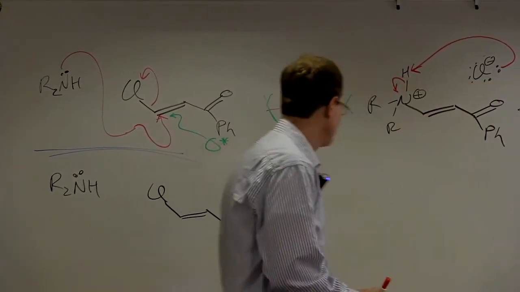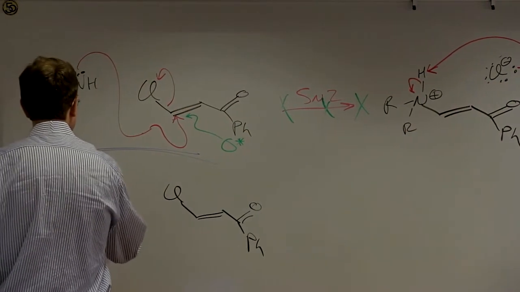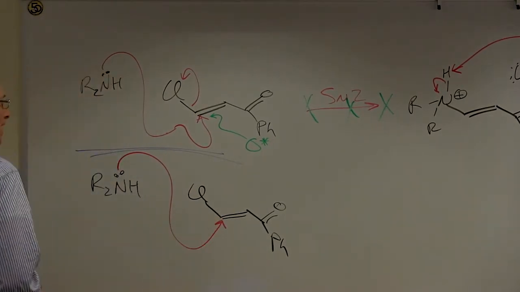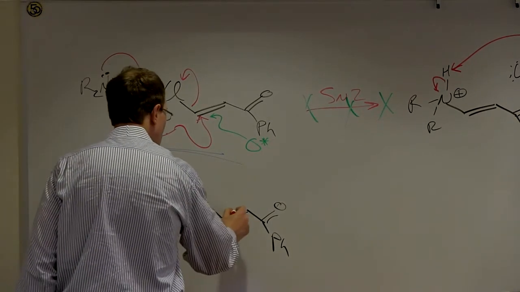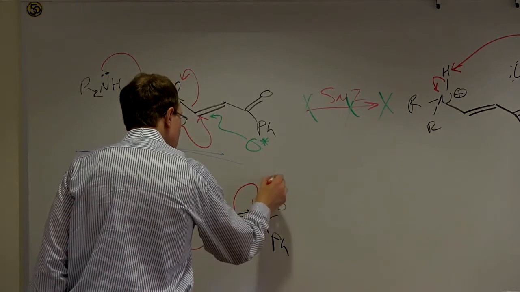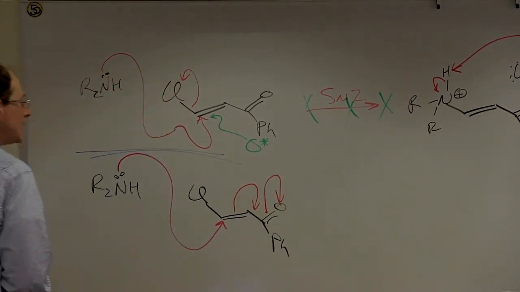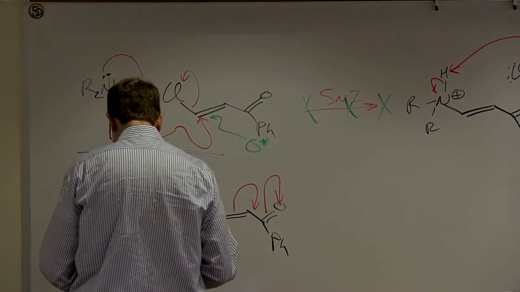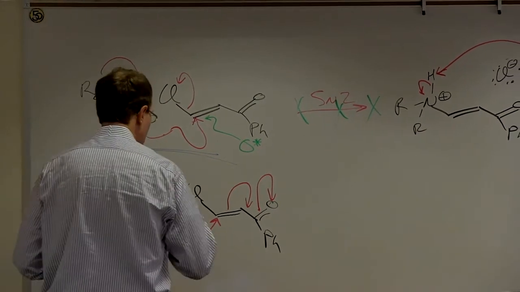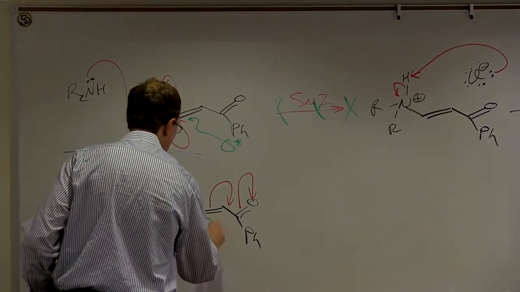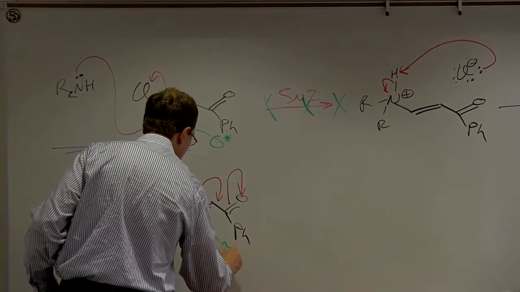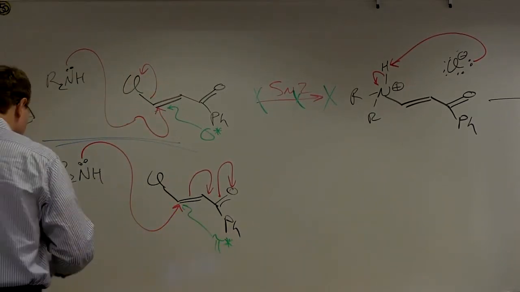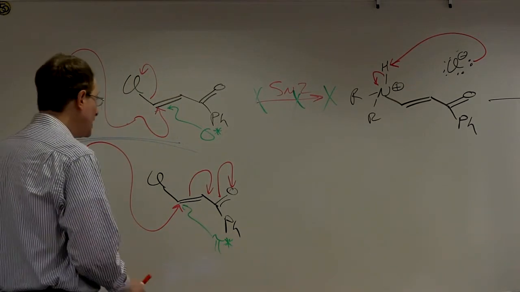Let me show you. Here's the lone pair. It's now going to attack the pi star molecular orbital. Electrons bounce all the way to the electronegative oxygen. Again, this is attack not on a sigma star, but on a pi star molecular orbital, an antibonding orbital.